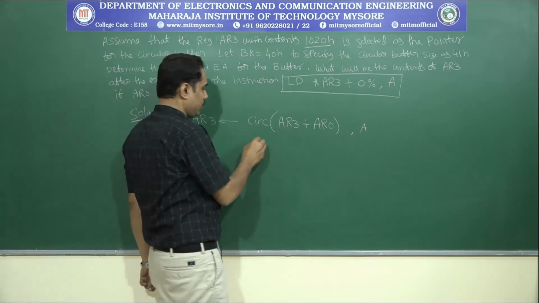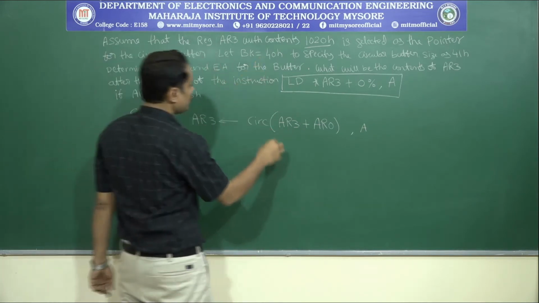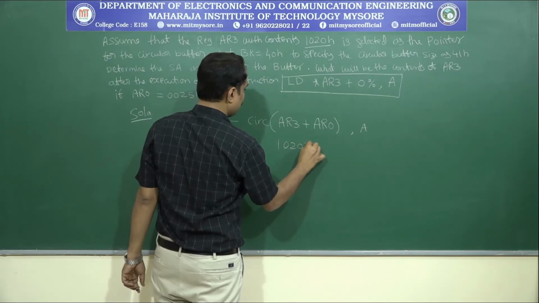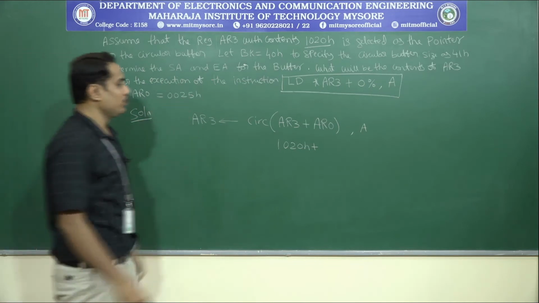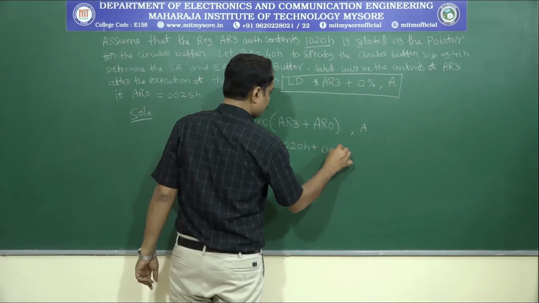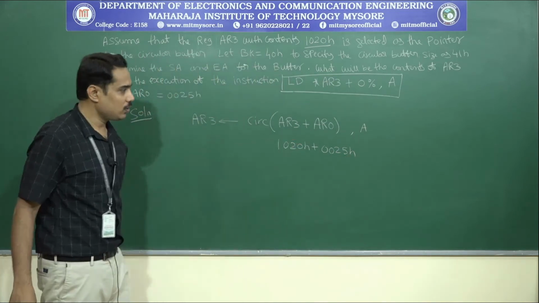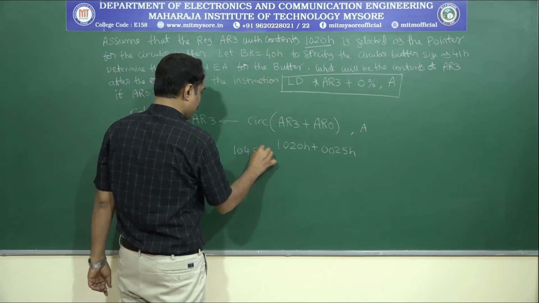If you proceed further, we can write AR3 is equal to, what is the value of AR3? That is 1020H plus AR0, they have given 0025H. Then if you add 1020 plus 0025, I am going to get 1045H.